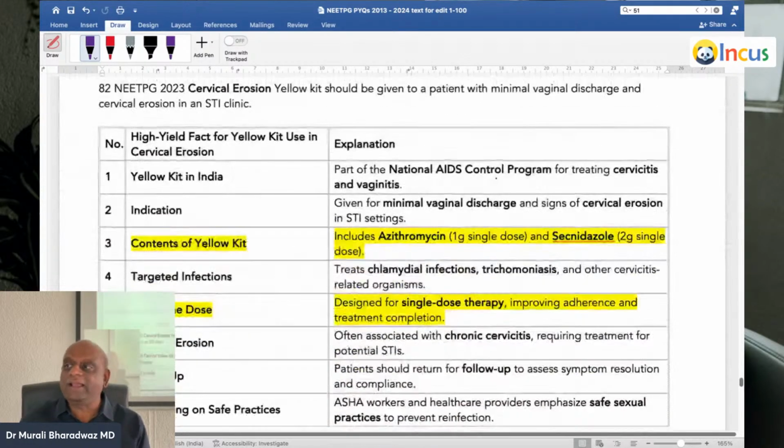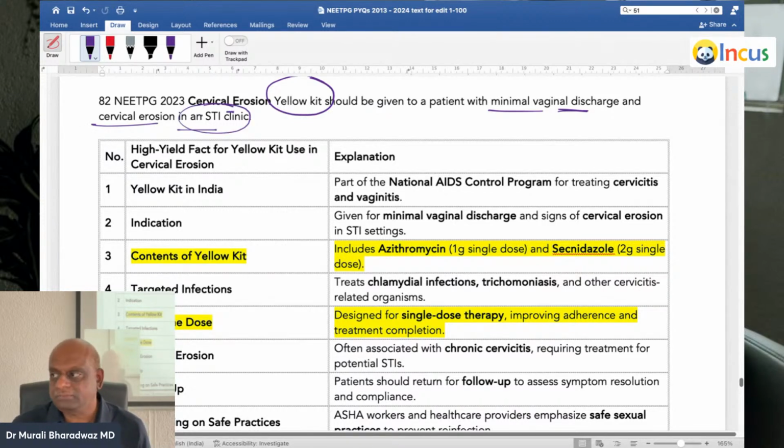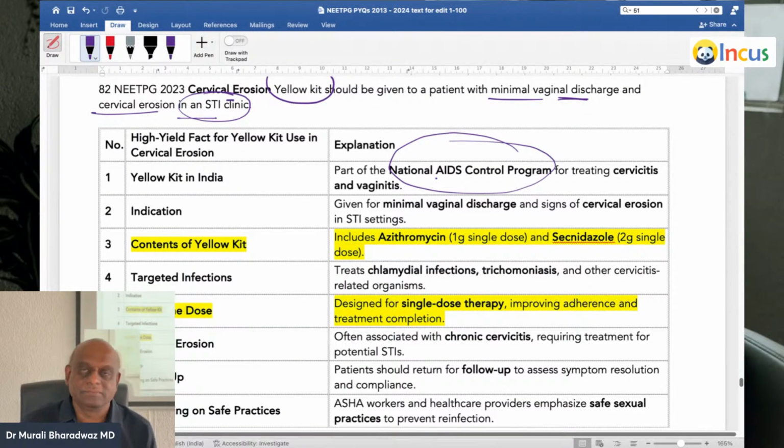So cervical erosion. The yellow kit should be used for a patient with minimal vaginal discharge and cervical erosion coming to the STD clinic. This is under the National AIDS Control Program for treating cervicitis and vaginitis.